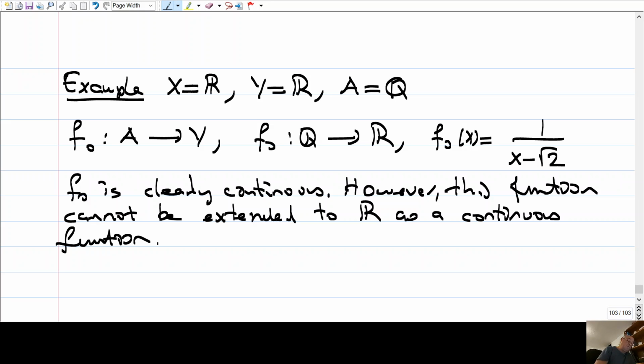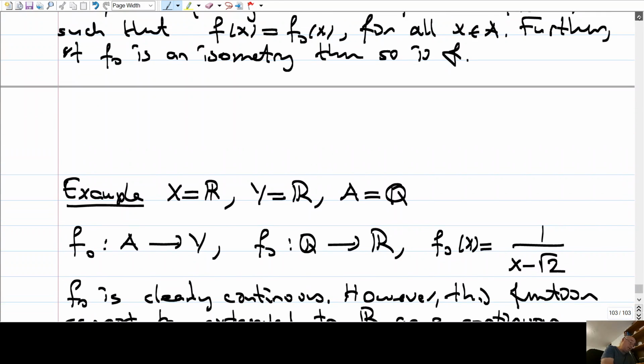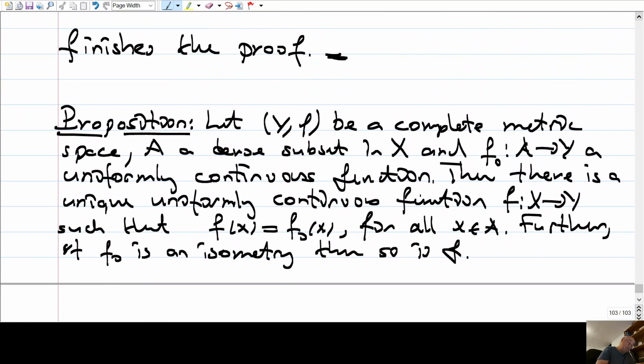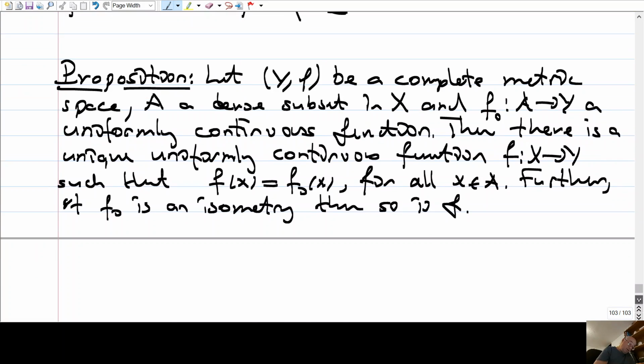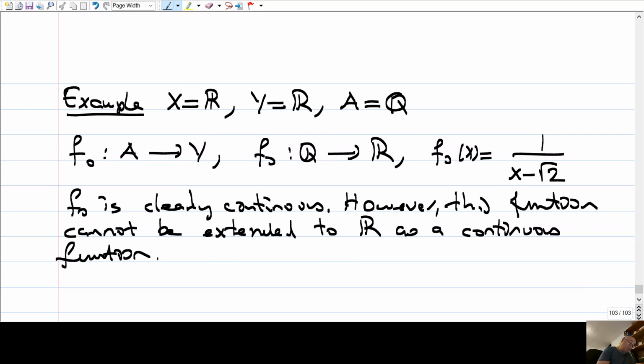So this kind of looks like a contradiction to the above proposition. In this proposition, we say that there's always an extension, and it's a unique extension. The important thing is this: here I set a uniformly continuous function, and this function is not uniformly continuous.